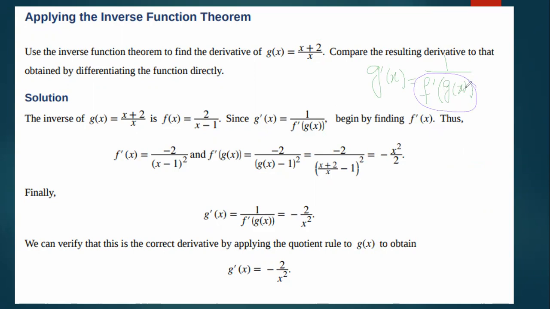Now f derivative of g of x means that I first have to find f derivative of x, then replace this x with the function g of x. Is that clear? So what is the value of f of x? f of x equals 2 upon x minus 1.